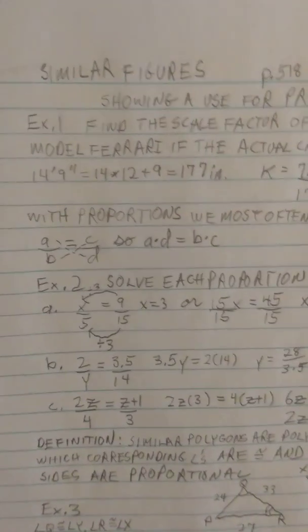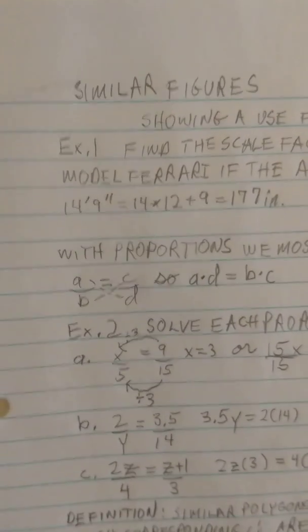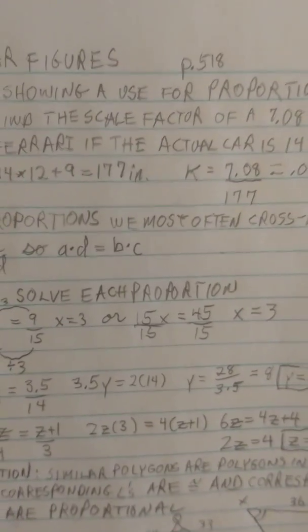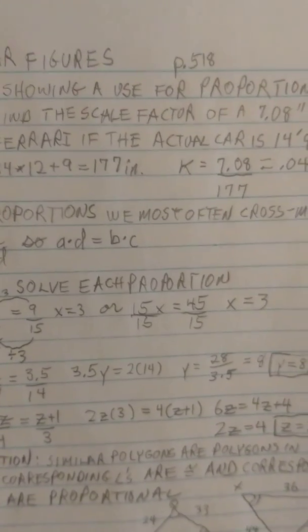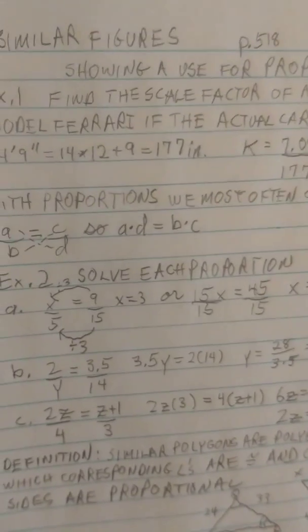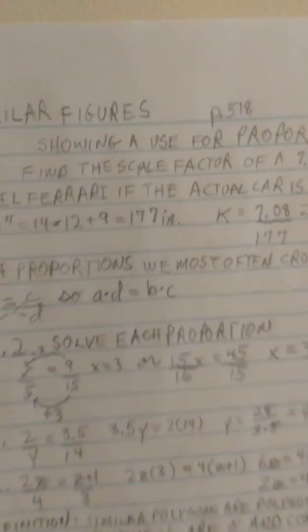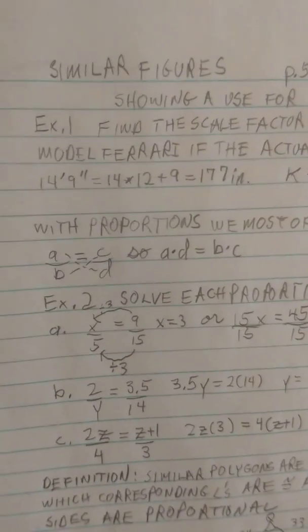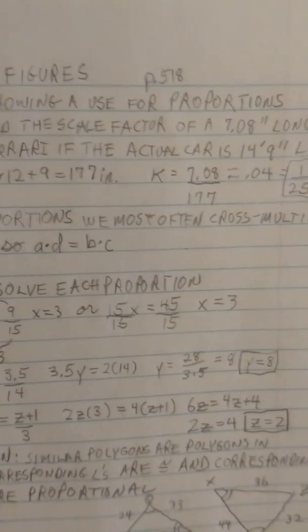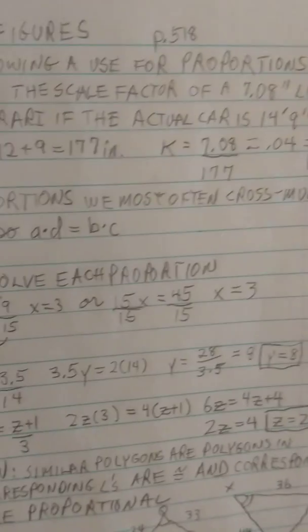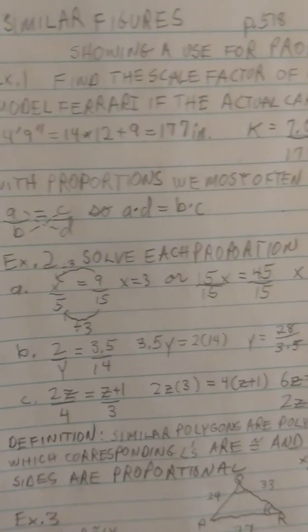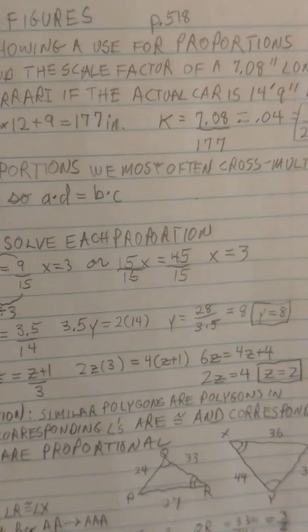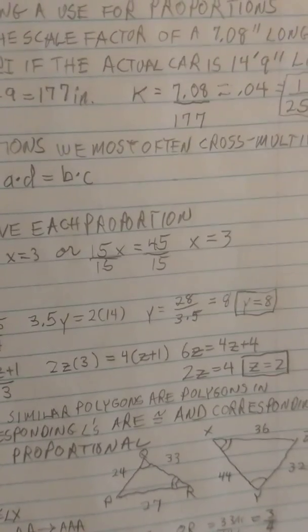So now we're starting our first day in 11.1, similar figures, and that's on page 518 in the text. So we're going through the examples. First, the book wants to show us a use for proportions, and example 1 says, find the scale factor of a 7.08 inch long model Ferrari if the actual car is 14 foot 9 inches long.